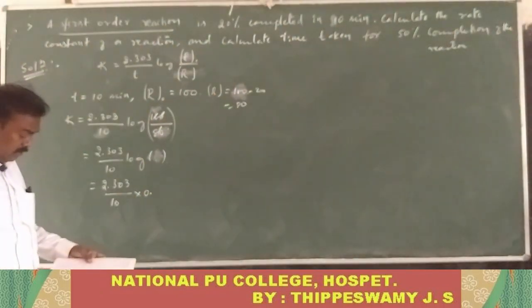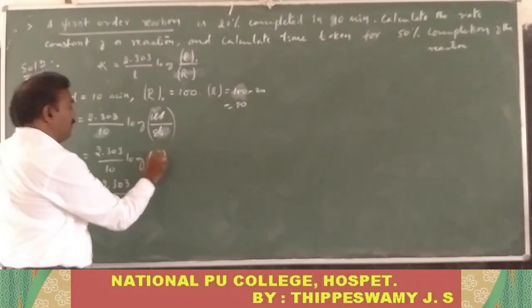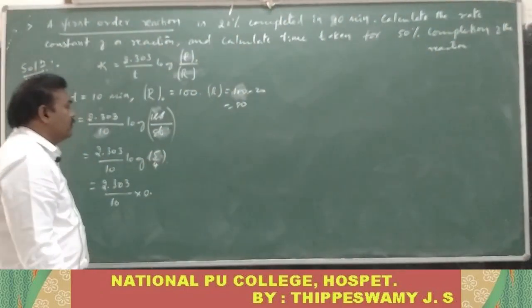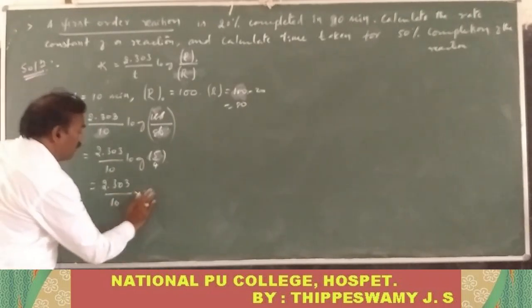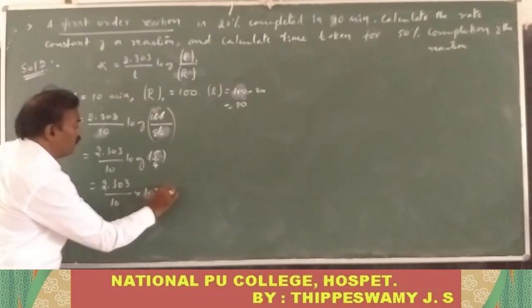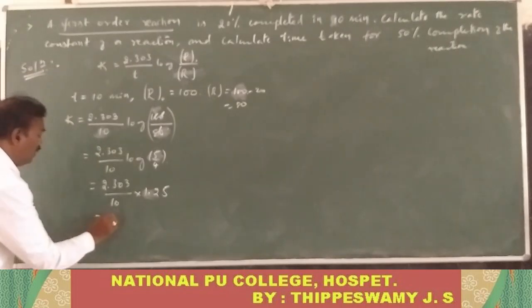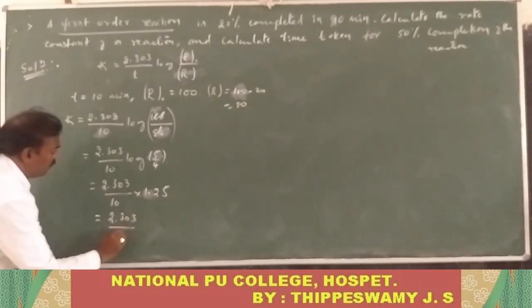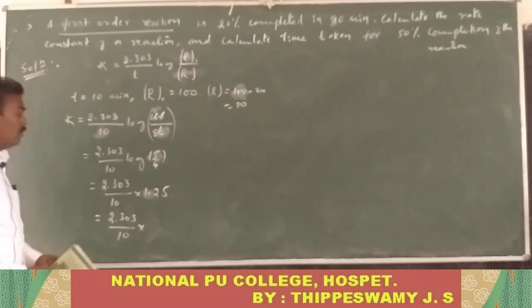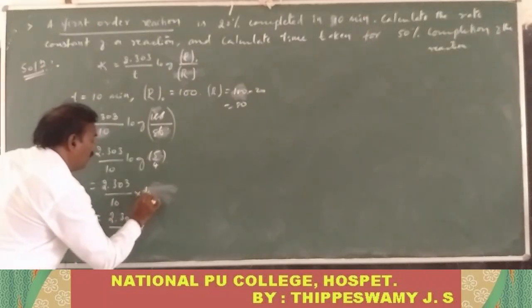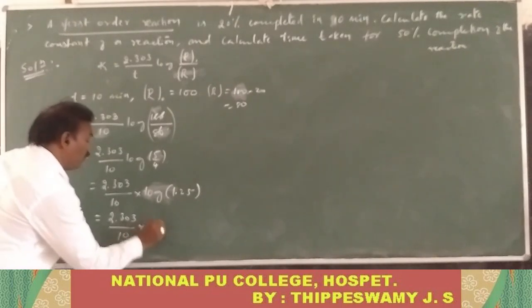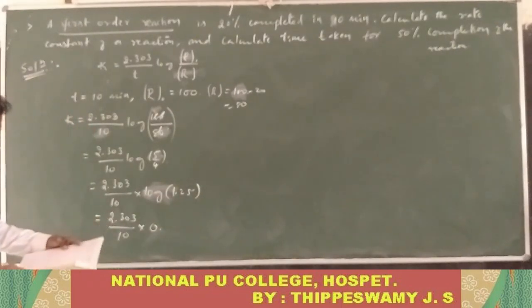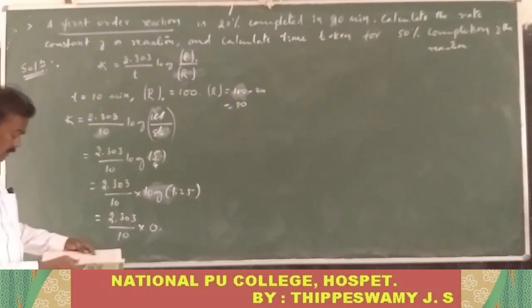Value will be equal to 5 by 4, right? 5 by 4, okay? 2 4s are 8, 2 5s are 10. Log 5 by 4. Log 5 by 4 is equal to how much, you know? 1.25 you are getting. Now here now 2.303 divided by 10 into, what is the value of log 1.25, you know? Log 1.25, that is 0.0969. If you see that you are getting the value, that is 0.0969 you are getting.